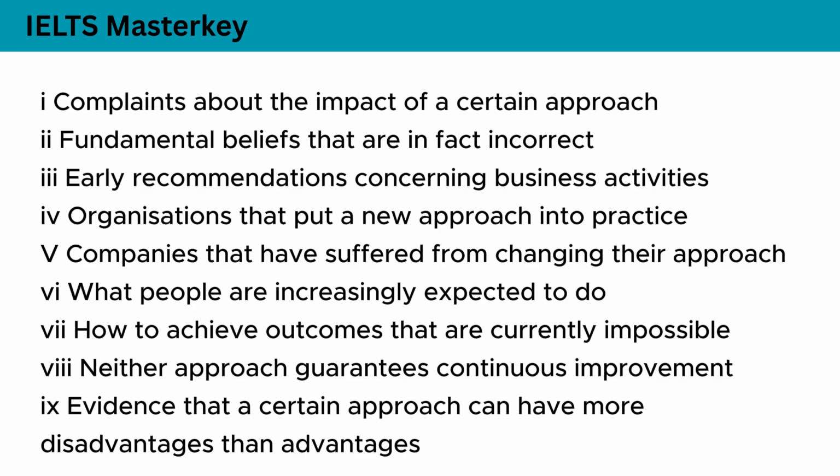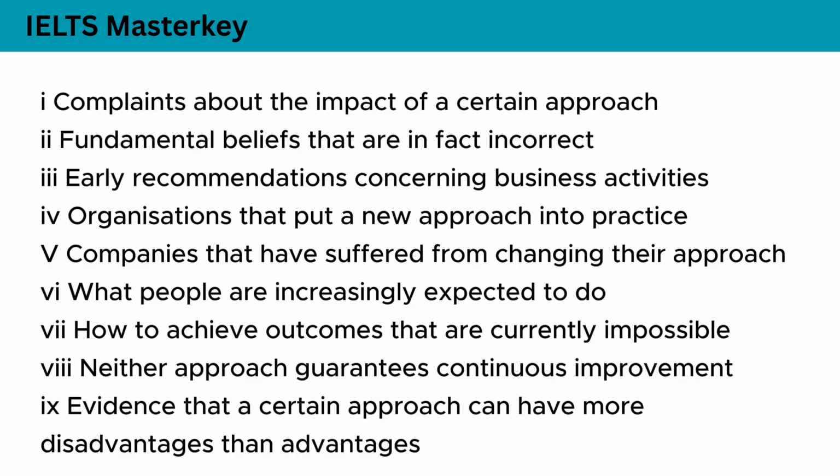And just to be thorough and just to show you that the other ones are wrong, let's see why the other headings don't work. The next one, how to achieve outcomes that are currently impossible. Then the text doesn't talk about impossible outcomes or how to achieve them.